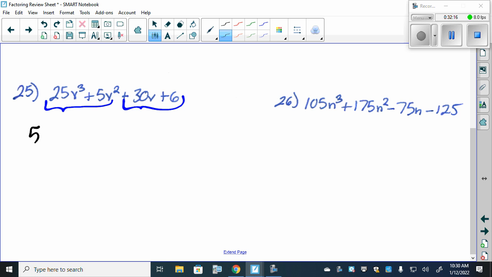Well, that would be 5v squared, because 5 can go into both 25 and 5, and v squared can go into both v squared and v cubed. 25 divided by 5 is 5, and v squared, yep, plus 1. So we're factoring out 5v squared, which leaves us with 5v plus 1 inside the parentheses.